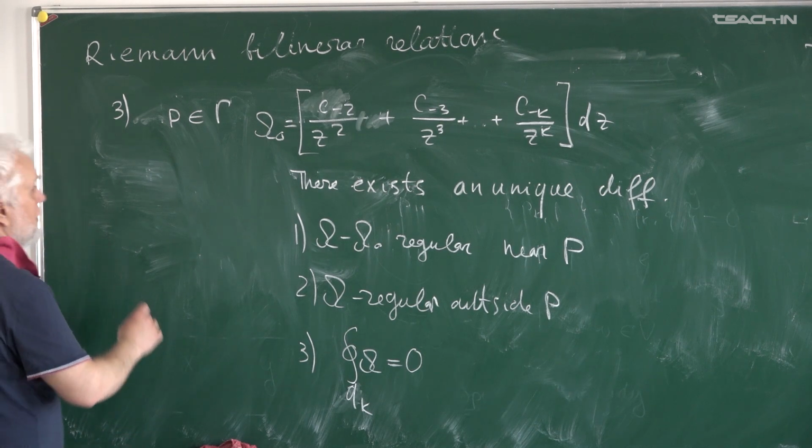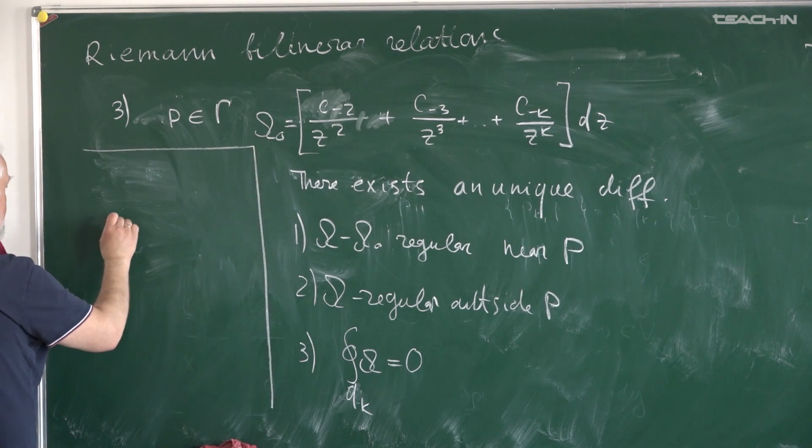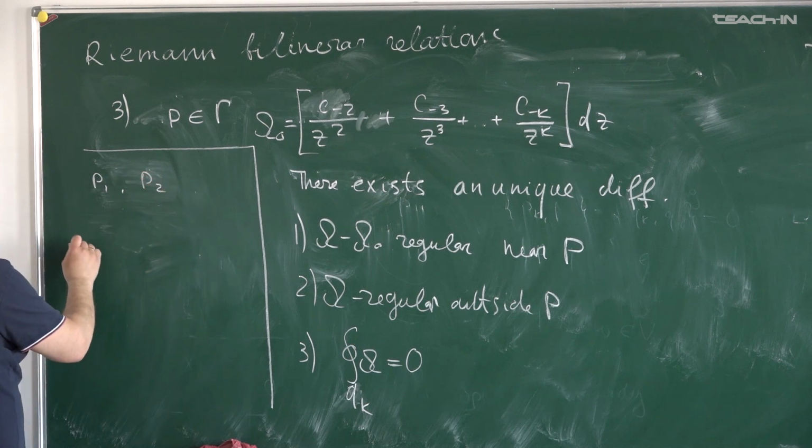And the fourth statement is that assume that we have 2 points, P1, P2.